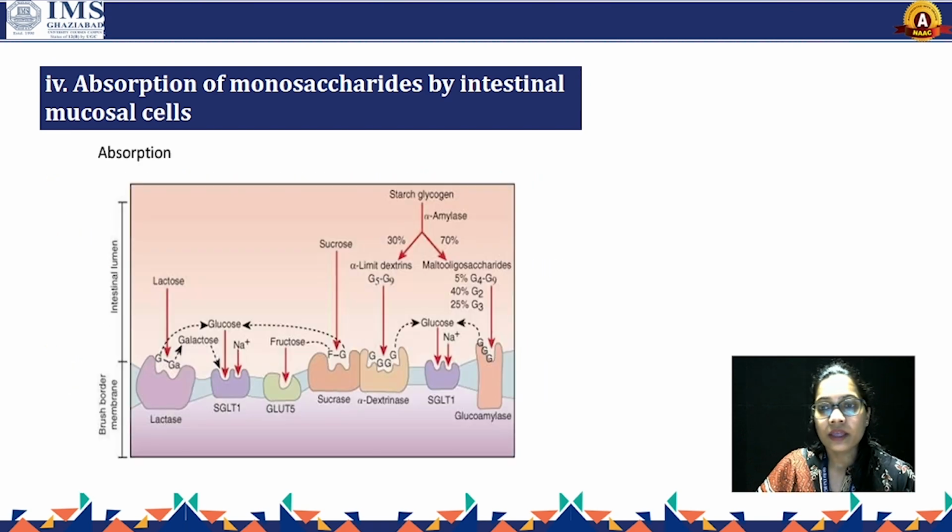Let's see. So here's the absorption process chart. This is our intestinal lumen, and this is the brush border membrane, basically the apical part of the intestinal cell, and this is the basal lamellar membrane.